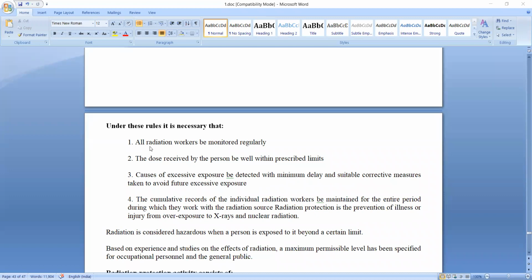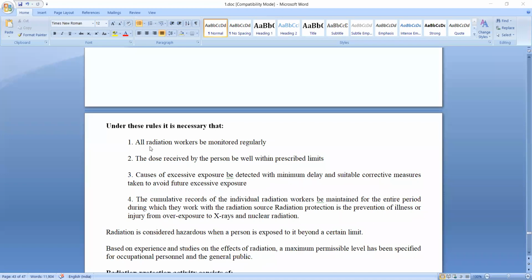Next, the third rule: causes of excessive exposure must be detected. Meaning, what are the different causes of excessive exposure to radiation? We have to find those causes and take suitable corrective actions. We have to minimize the exposure time on the human body.